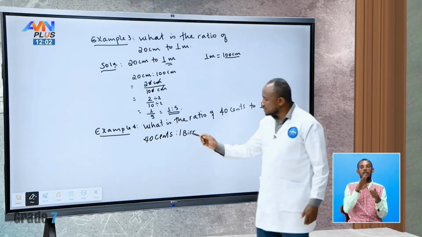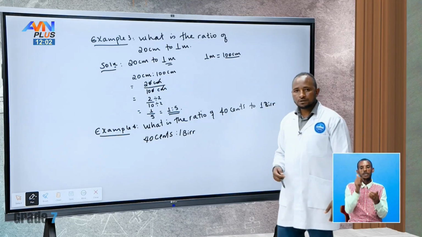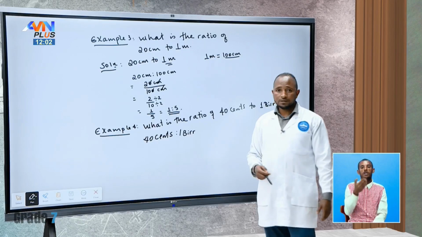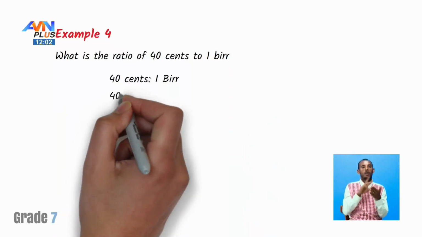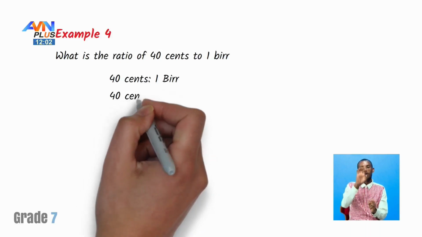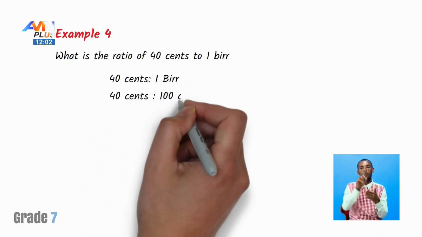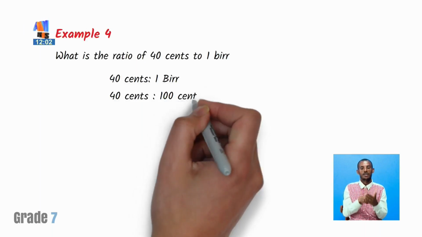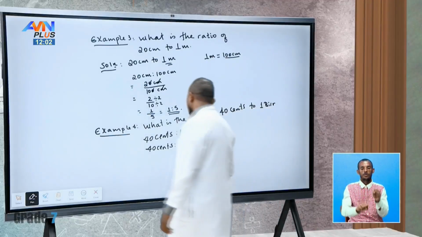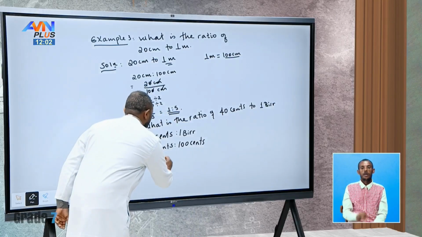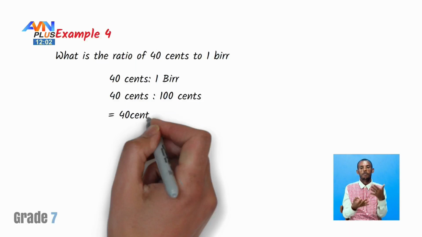So I have to change the bird to cents. So 1 bird is how much cents? Good. 1 bird is 100 cents. Therefore, here, this becomes 40 cents ratio 100 cents. So, I can write this in fraction form. 40 cents to 100.